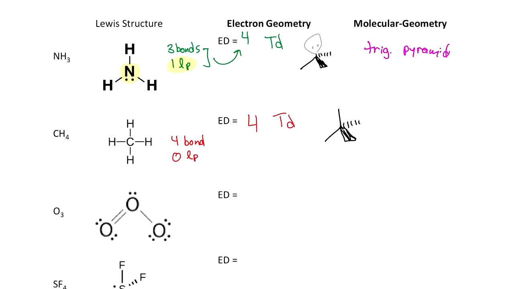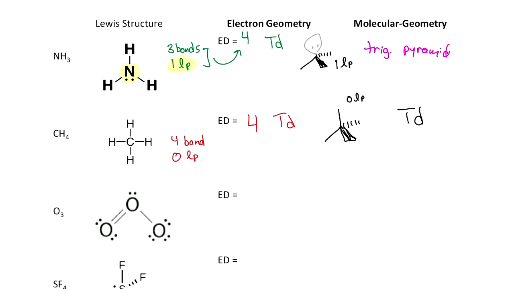Nope. So if there's no lone pairs, there's nothing we have to cover up. So that means our molecular geometry is the exact same because all of the electron domains are bonding domains. So our molecular geometry is also tetrahedron. All right, because there was 0 lone pairs we had to consider versus the previous one, there was 1 lone pair we had to consider.